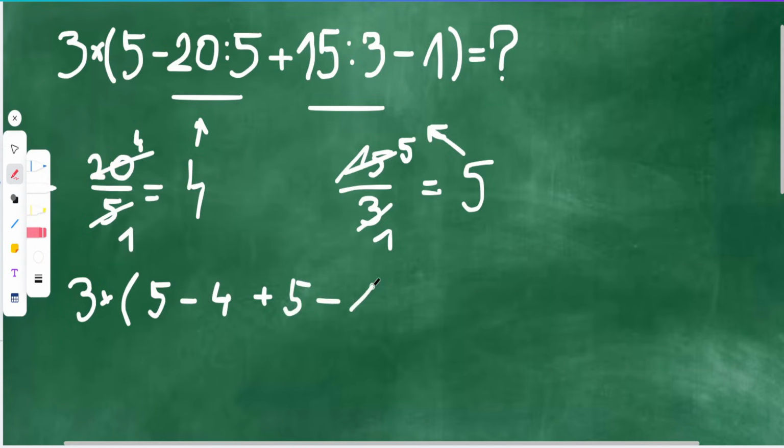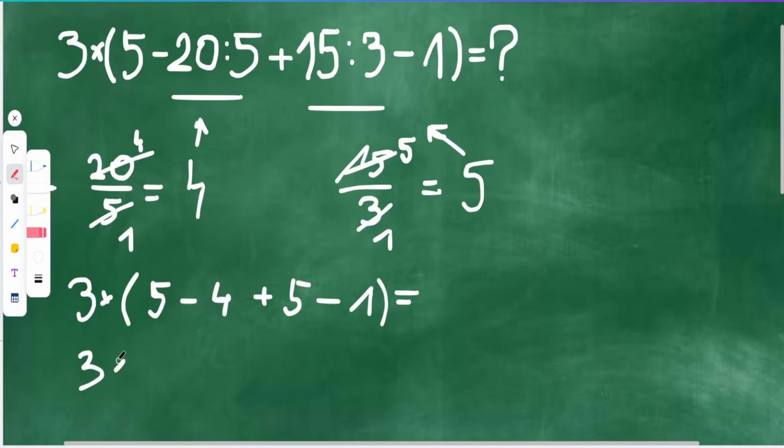In accordance with what I said earlier, we have to perform the operation in brackets. So let's perform the operation in brackets in order. After all, remember that addition is commutative. You do not have to do it in order, but I will do it in order after all. Just so that you can see: 5 minus 4 is 1, then plus 5 is 6. 6 minus 1 is 5, so this whole bracket is equal to 5.